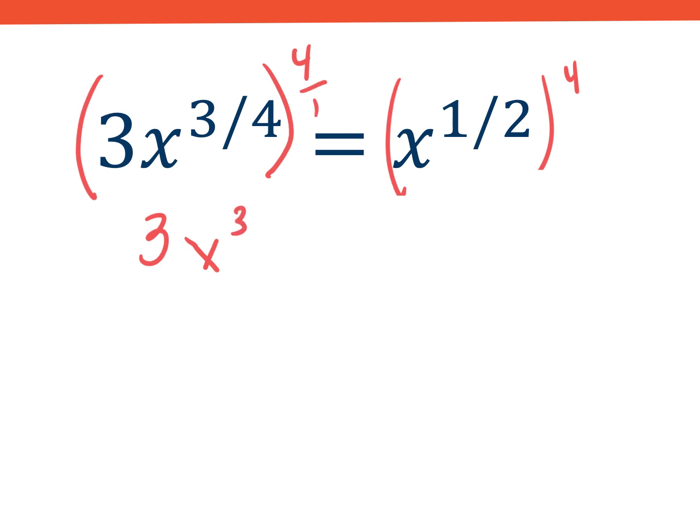So the 4 is like 3x, and then times. Does the 4 go to the 3, like 3 to the 4th? Be confident in yourself. Why were you thinking that? From the rules. I agree with you. Yes. This 4 is going to go to the number and to the exponent, correct?